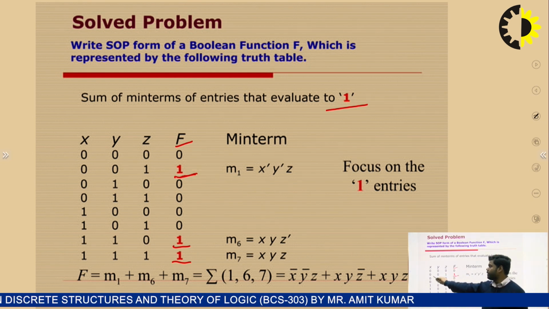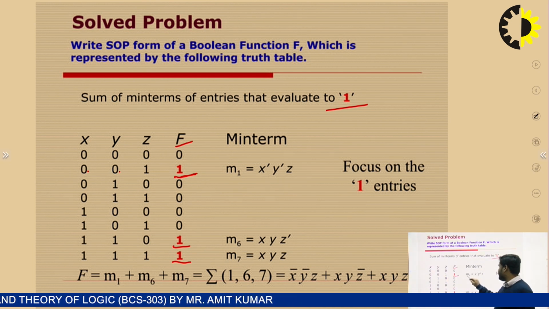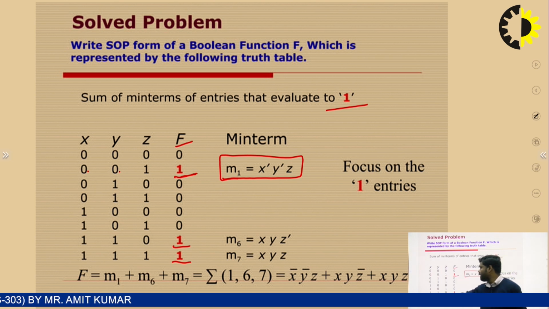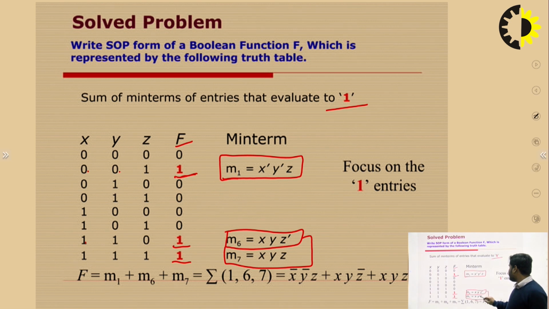So what is the min term m1? I have told you 0 as a complement means x dash, y dash and z. Here 1 means x y z dash, and here x y and z. These three are the min terms, and you can write the formula from them: the min terms are 1, 6 and 7, the summation is 1, 6 and 7.